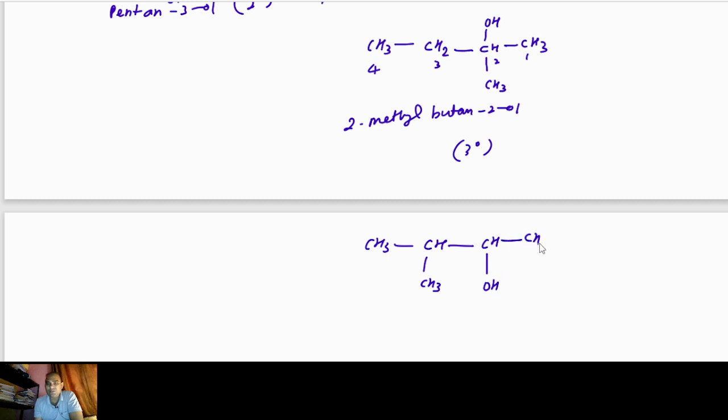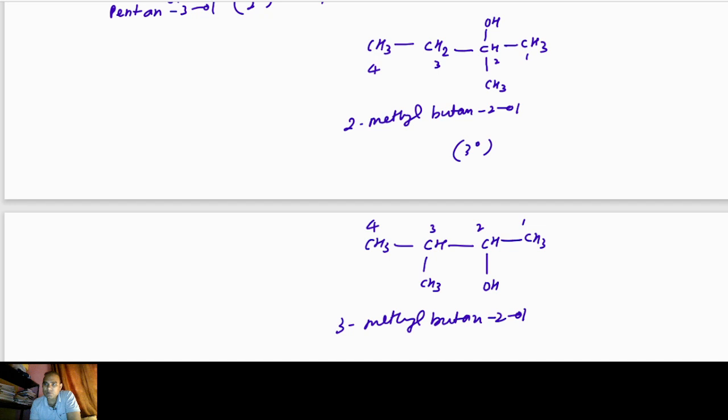Again you will find, student, 1, 2, 3, the total parent chain is the 4 carbon chain, and 1 side chain is there. So if you are naming, it will be 3-methylbutan-2-ol. If you place this OH group on the third position and this side, the compound will be the same.